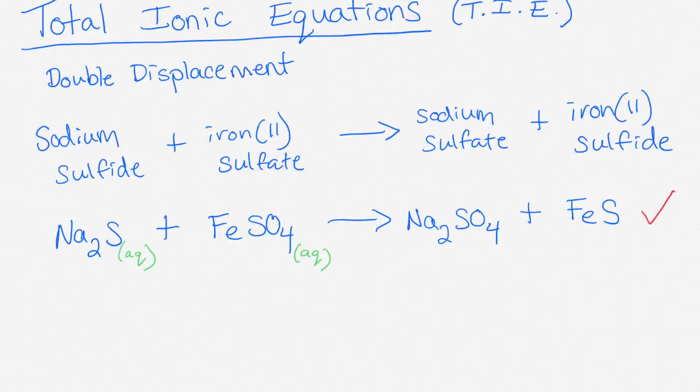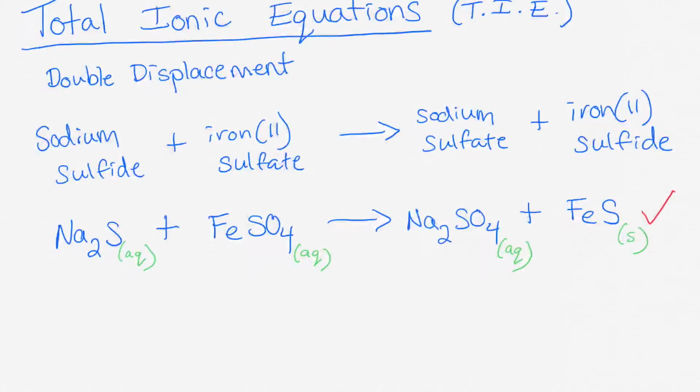It dissolves in water. And then our sodium sulfate also is going to dissolve in water. Okay, so that's going to be aqueous. But the iron(II) sulfide is actually not aqueous. So it's going to be solid. It's insoluble in water.